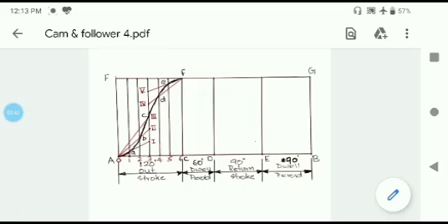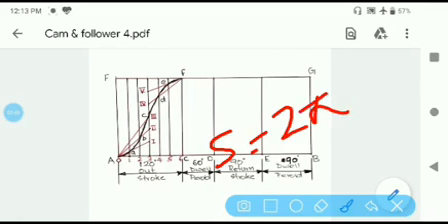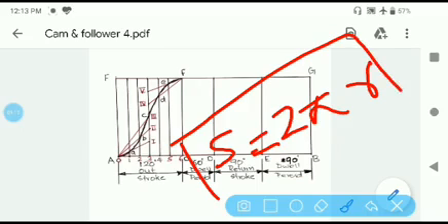So you can write the equation stroke length S equal to 2 pi r, where r is the radius of the circular wheel. This equation is very important when we discuss drawing the displacement diagram of the follower during cycloidal motion.